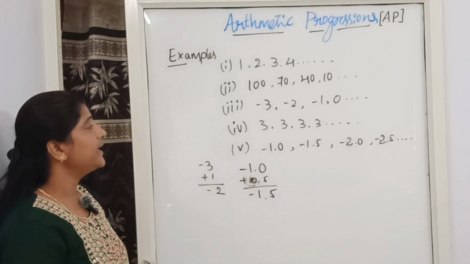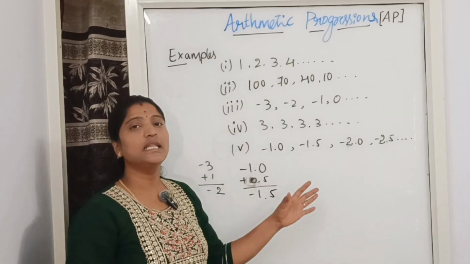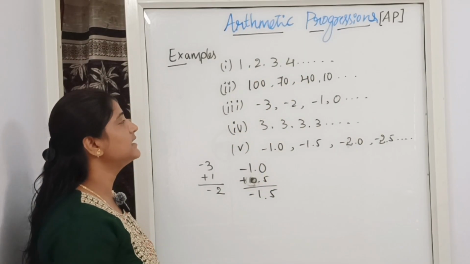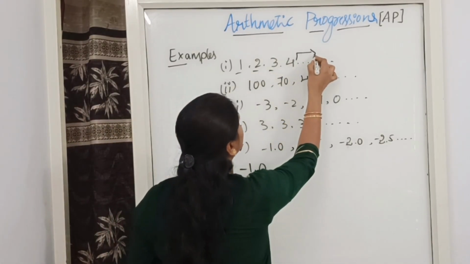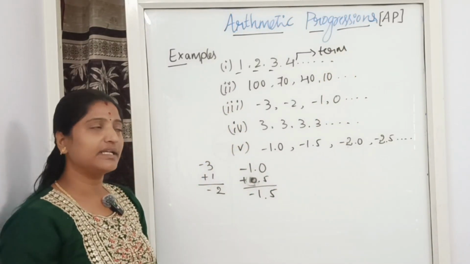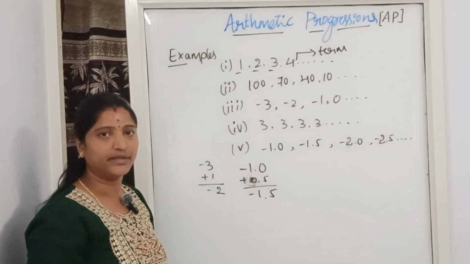Is it not? By seeing these 5 examples, what we can conclude is, this is a list of numbers, right? So in this number list, each number we can call as a term. And you have to understand here, each number we can call a term. These are the first term, second term, third, fourth, like that only it will continue, okay?